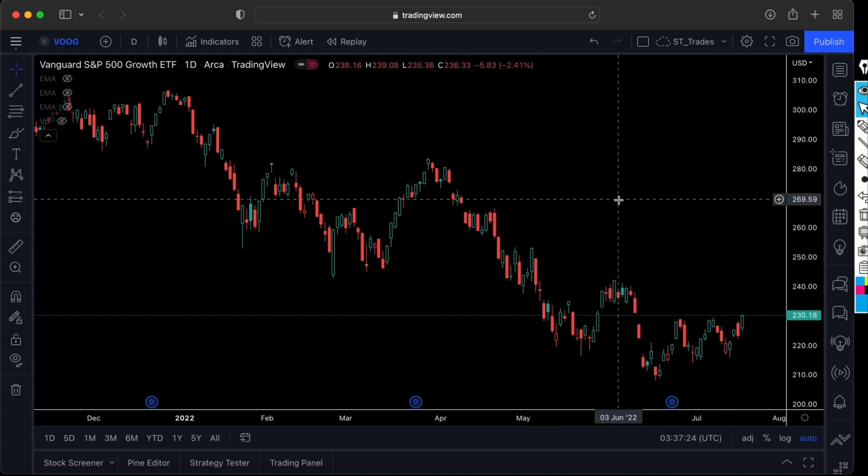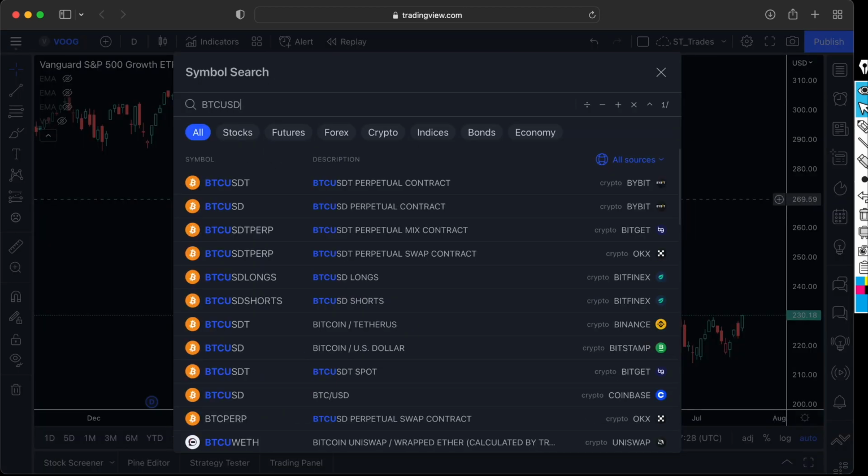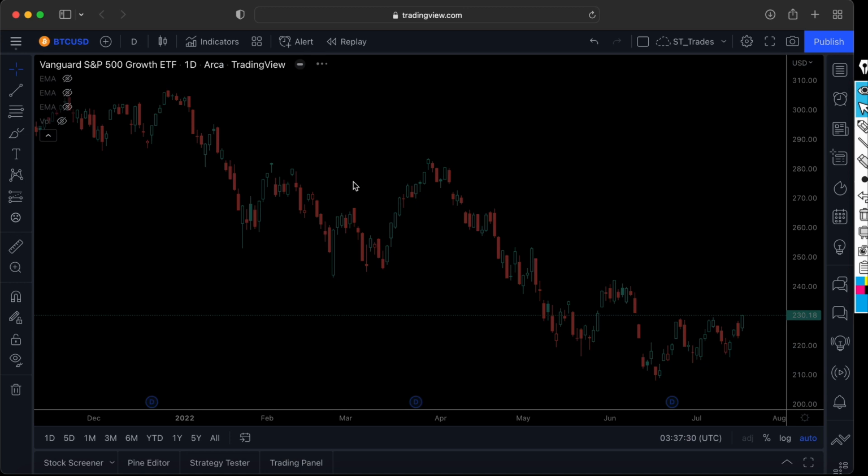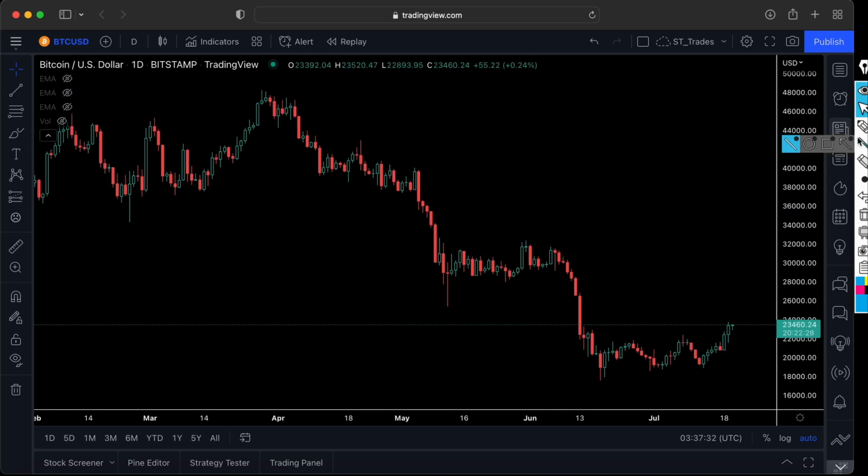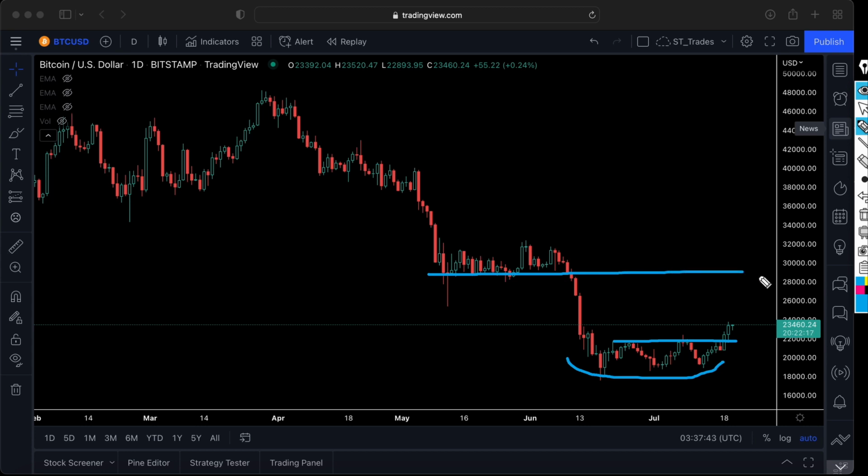Other things that are promising at the moment: the price of Bitcoin USD seems to be bottoming as well. If you look at Bitcoin, you can see it's forming a nice base. Initially it broke above this level here, so the potential overhead resistance level is somewhere near 30,000 US dollars per coin.